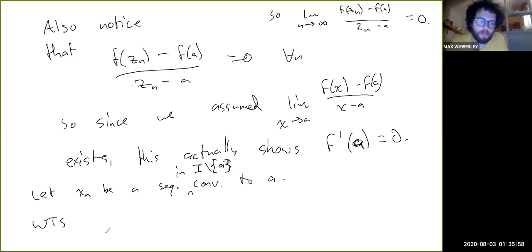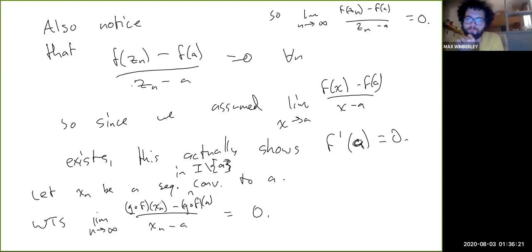So we want to show that the limit as n approaches infinity of g compose f of xn minus g compose f of a over xn minus a is 0, okay?